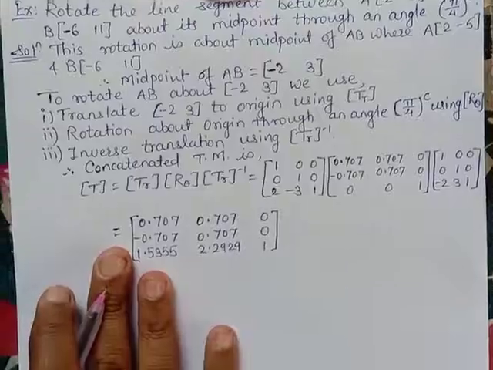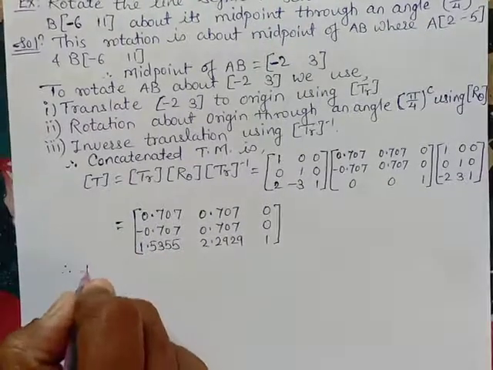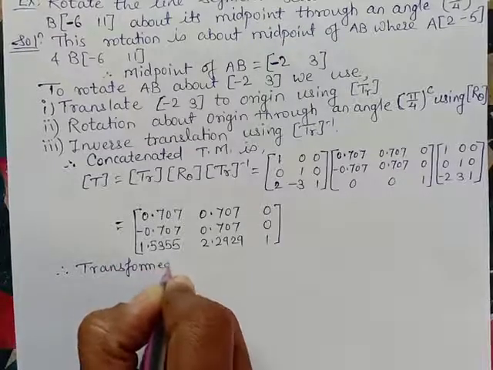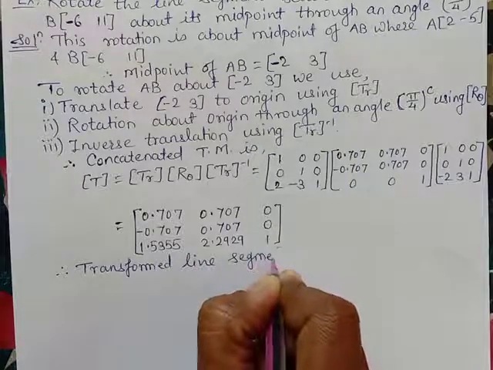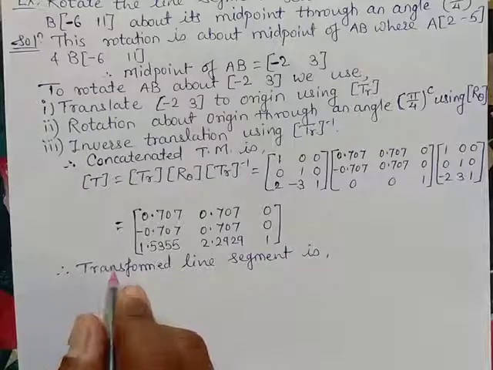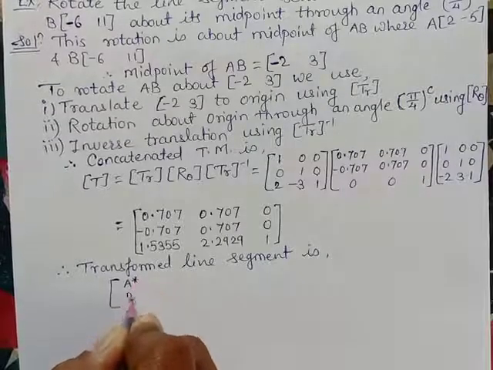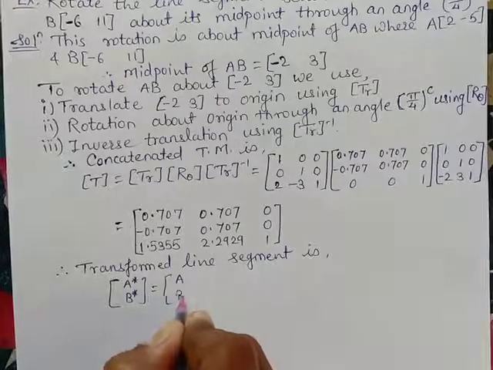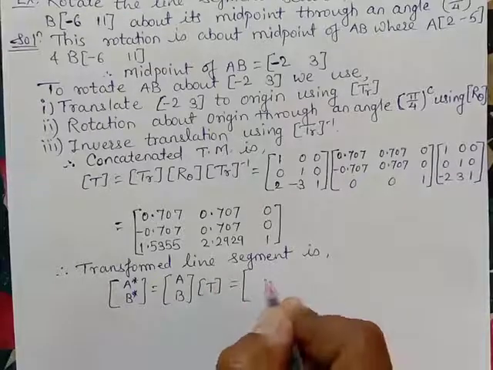Now we have to apply it on AB to get the transformed line segment. Therefore, the transformed line segment is A star B star, that will be AB into T. And what is AB?